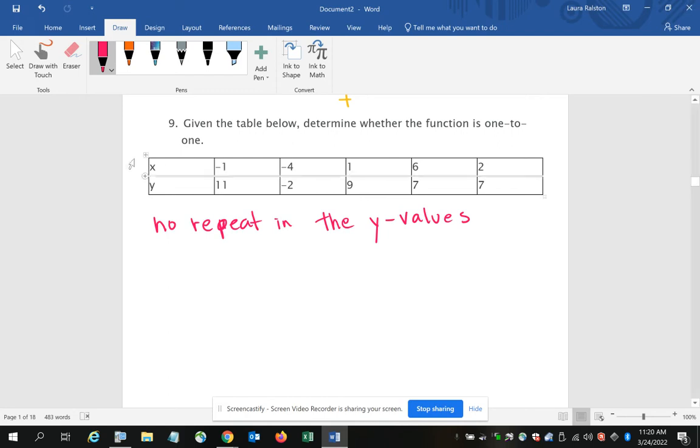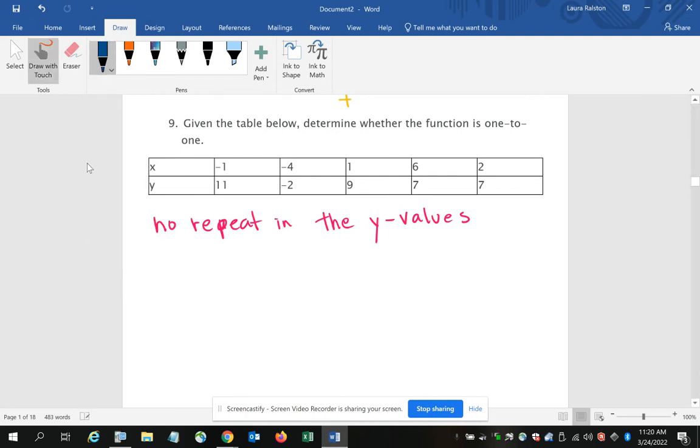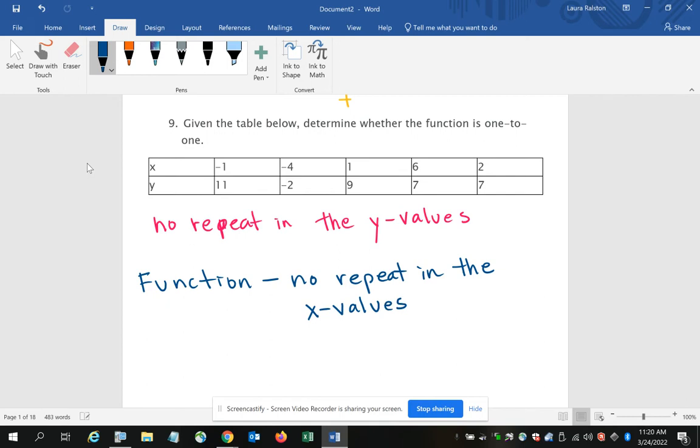Now, just as a side note, as a review for you, since you're getting ready for the midterm, I hope that you remember that to be a function, there's no repeat in the x values. So I'm assuming, since it indicates in the question that this is a function and I can check it, there is no repeat in the x values.